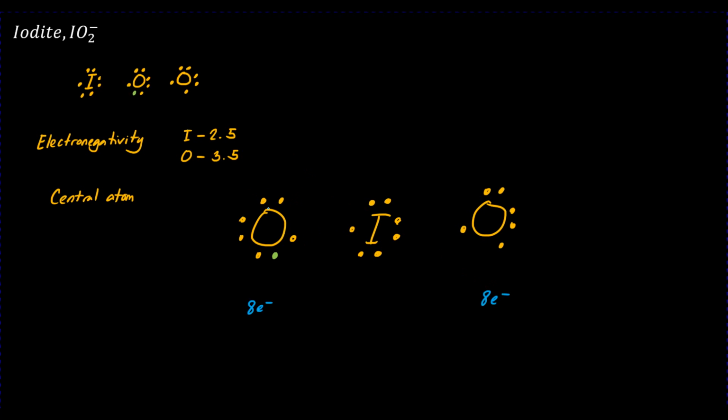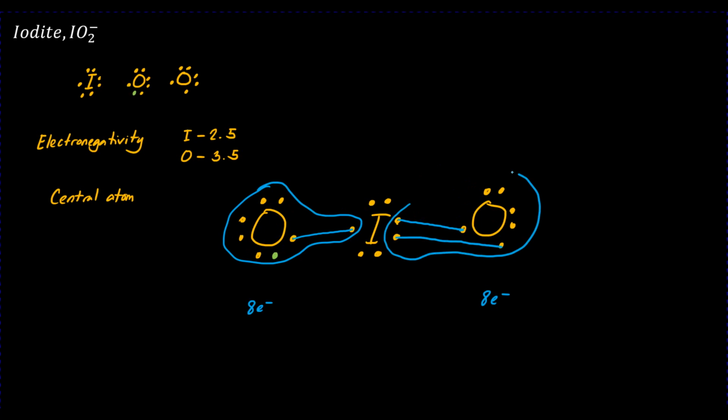Now, this one has 7, so it will share with iodine, and inside this encircled region you can see 8 electrons associated with this oxygen. For the second oxygen, you see 6. It will need to borrow 2, so a double bond is necessary. Inside this encircled region is 8 electrons. Meanwhile, for iodine, 1, 2, 3, 4, 5, 6, 7, 8, 9, 10, it is capable of expanding its valence shell.